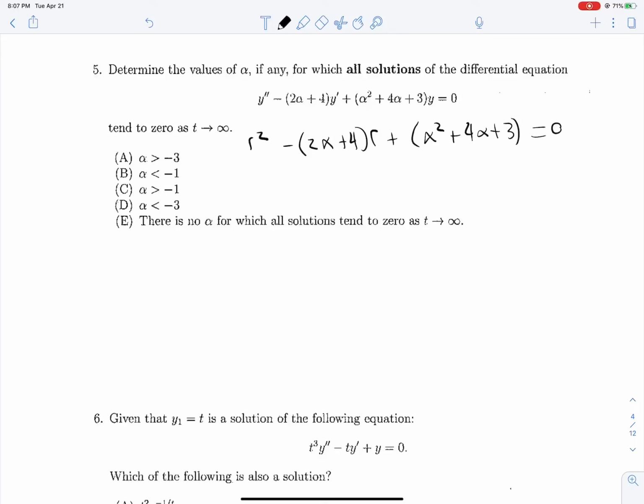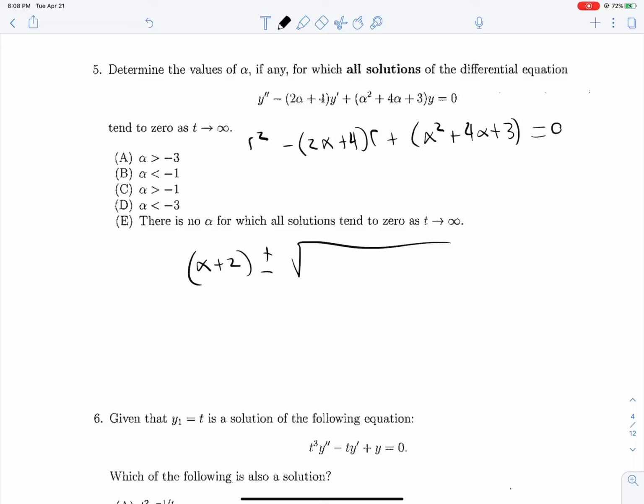And because we can have a conjugate imaginary part on there too, that will just contribute to some spiraling behavior as we go in. So we can set up negative b over 2, so (2 alpha plus 4) over 2, so alpha plus 2, plus or minus the square root of b squared minus 4ac.